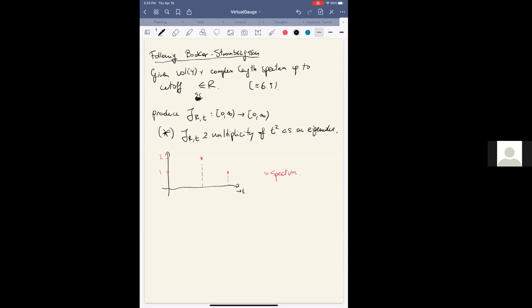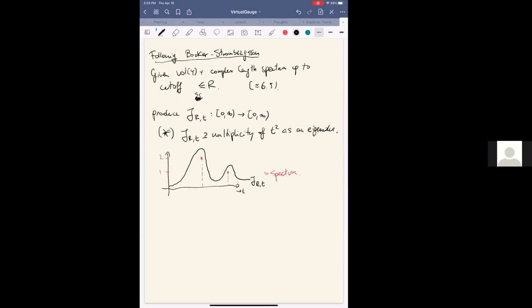Of course, given a finite amount of data, you won't be able to recover the spectrum exactly, but we will be able to write some code that spits out some kind of function that approximates this from above. So this will be our J_{R,T}.